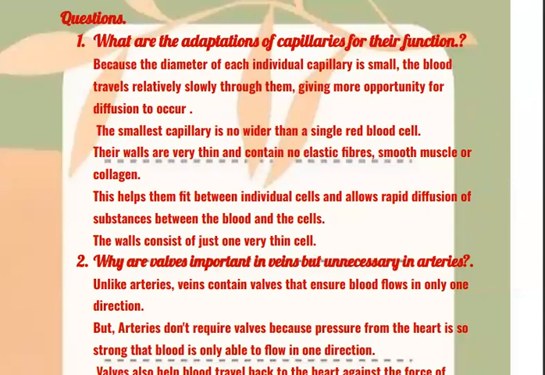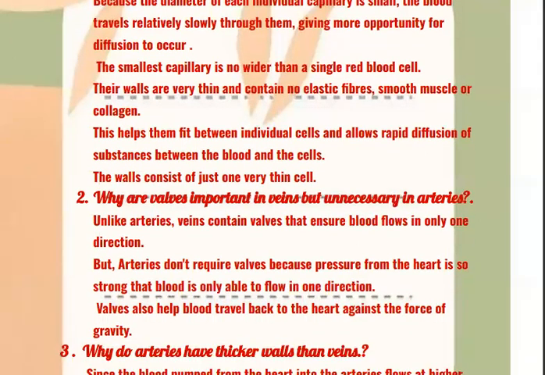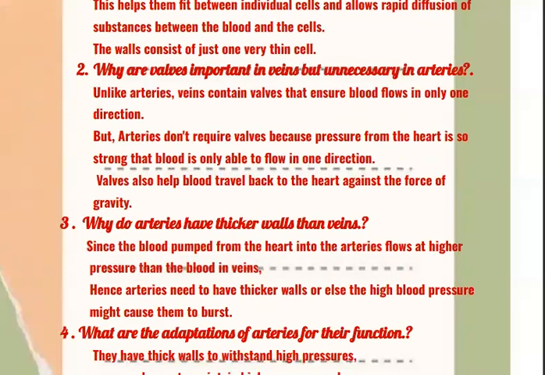Their walls are very thin and contain no elastic fibers, smooth muscle or collagen. This helps them fit between individual cells and allows rapid diffusion of substances between the blood and the cells. The walls consist of just one very thin cell.